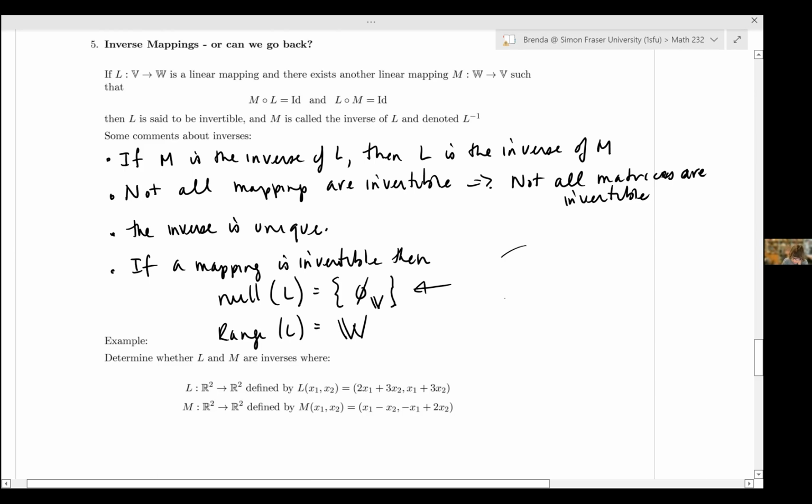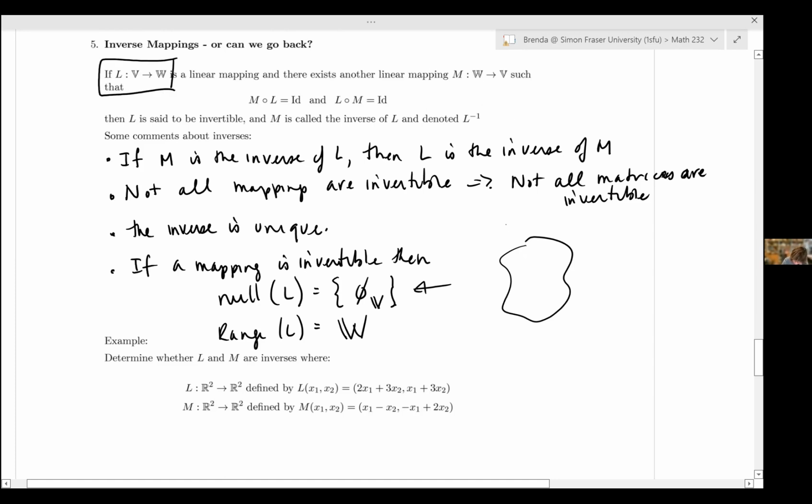Imagine the situation where you have some domain. Which way are we doing the linear mapping? We're going from W. Uh-oh, no, we're not. That's the inverse. We're here.